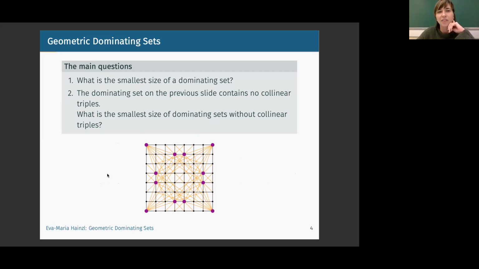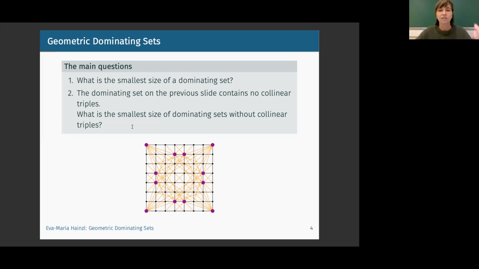This dominating set, for example, does not contain collinear triples. So every point in the dominating set is only dominated by itself, right? This is an extra property of the dominating set that can be interesting. And then the question is, what is the smallest dominating set without collinear triples?